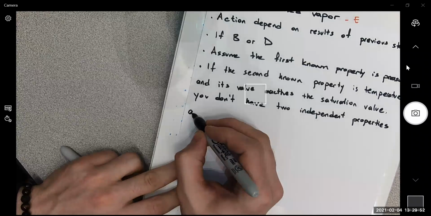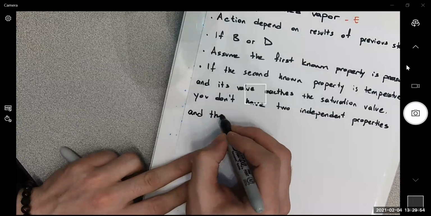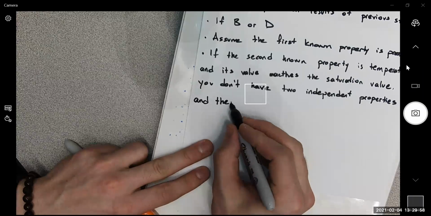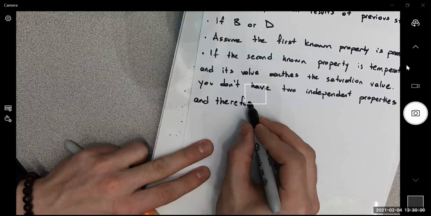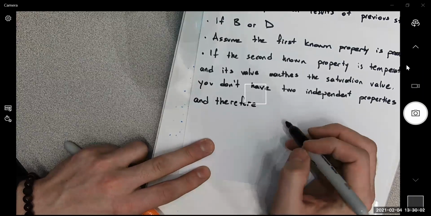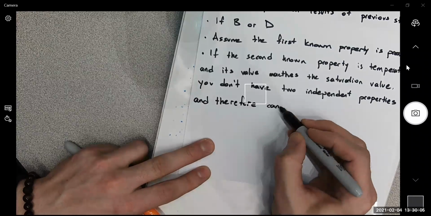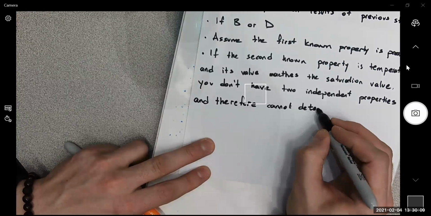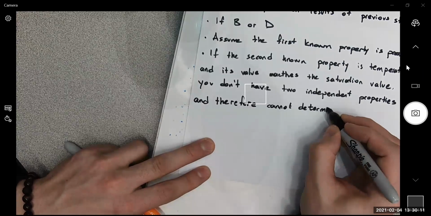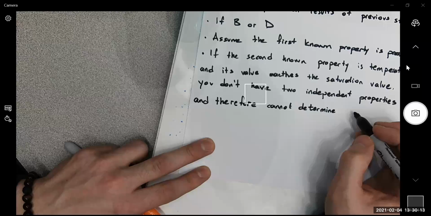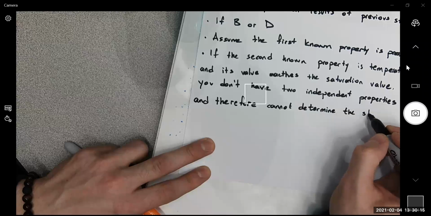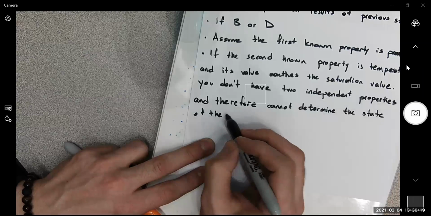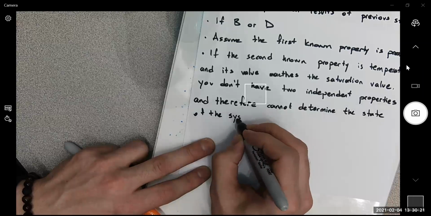And therefore you cannot determine the state of the system.